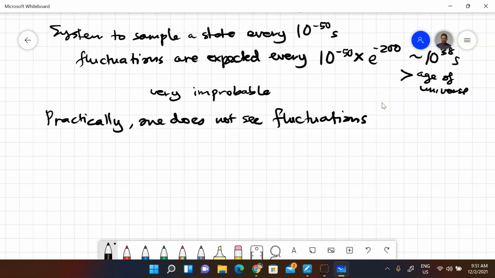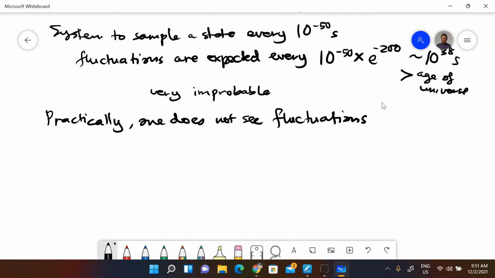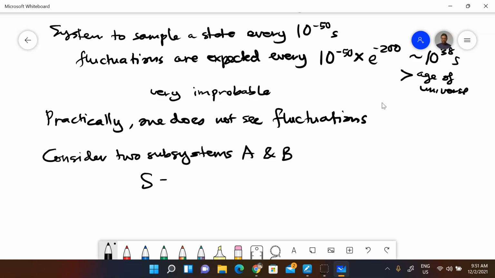So let's consider now two subsystems, A and B, and let the entropy be written in this way: SA plus SB.